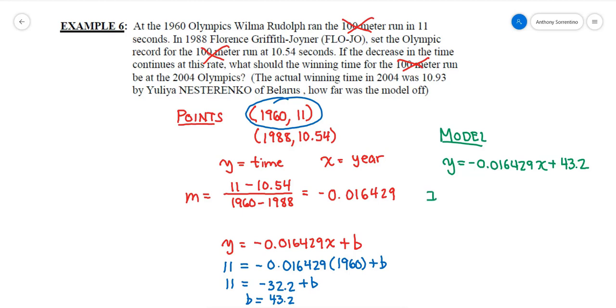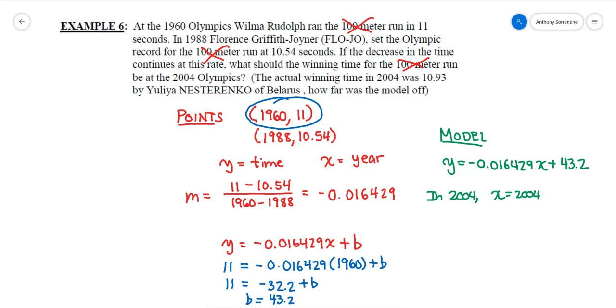So in 2004, the way I set this up is I let x be 2004. If you accounted for 1960 being the first one, and you let that become your x equals 0, please make sure you're consistent with that.